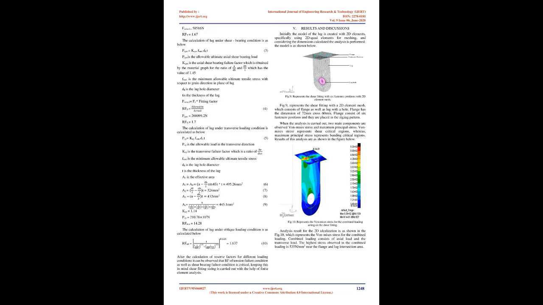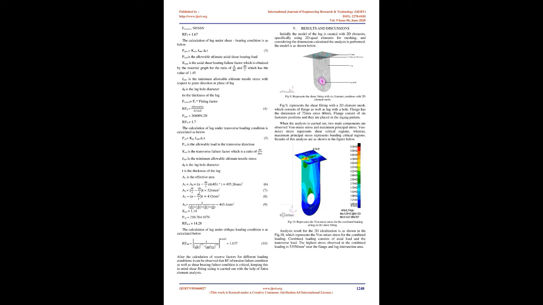The calculation of lug under shear bearing condition is as below. Pbru equals Kbry times Ftum times DH times T, equation 3. Pbru is the allowable ultimate axial shear bearing load. Kbry is the axial shear bearing failure factor which is obtained by the material graph for the ratio of A/DH and DH/T which has the value of 1.45.